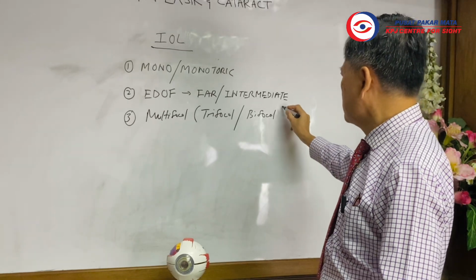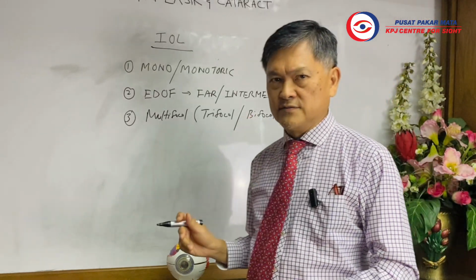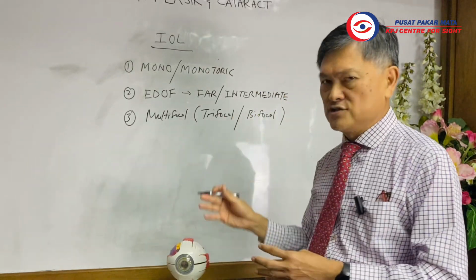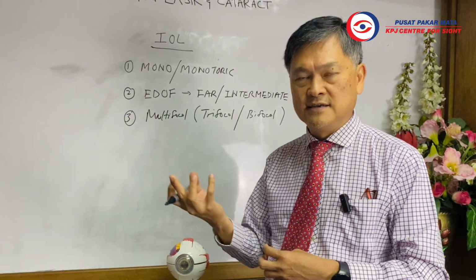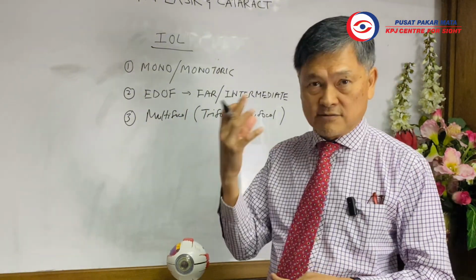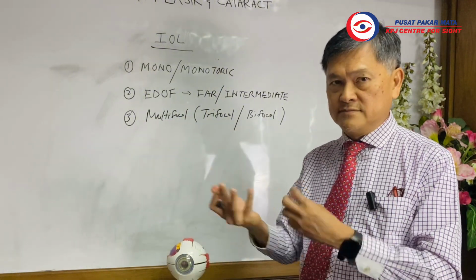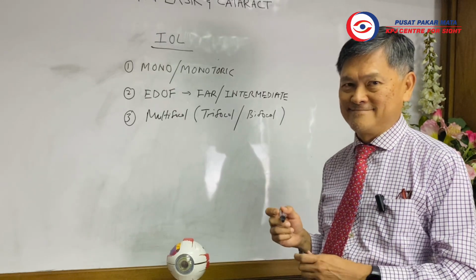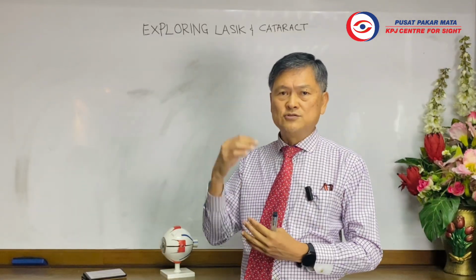Mainly these two, bifocal or trifocal. We can use a combination of these lenses to achieve the desired outcome for the patients. The lens is actually implanted into the eye already.